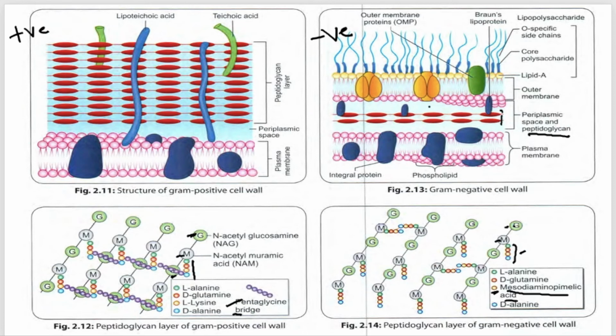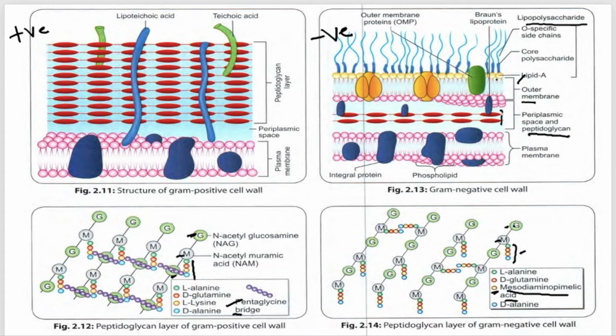That is a major difference. But the gram negative cell wall is quite complicated because it has an outer membrane, which consists of lipopolysaccharide.